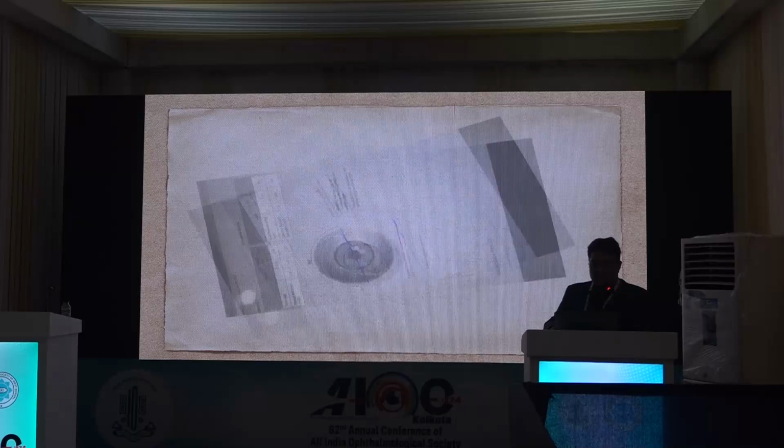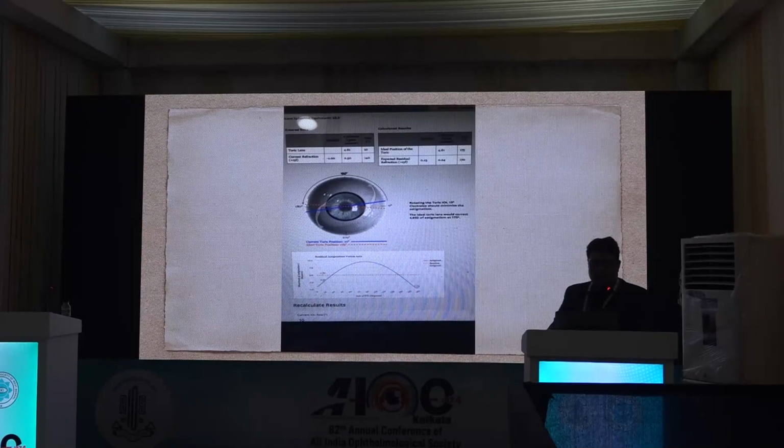So I go ahead and use this online calculator. As you can see, I feed in the toric lens and axis, and the current refraction. What this calculator shows me here is that the ideal position of the toric IOL has to be 175 degrees.